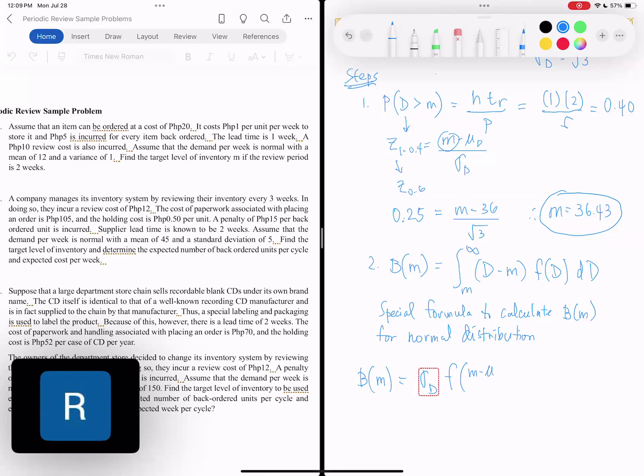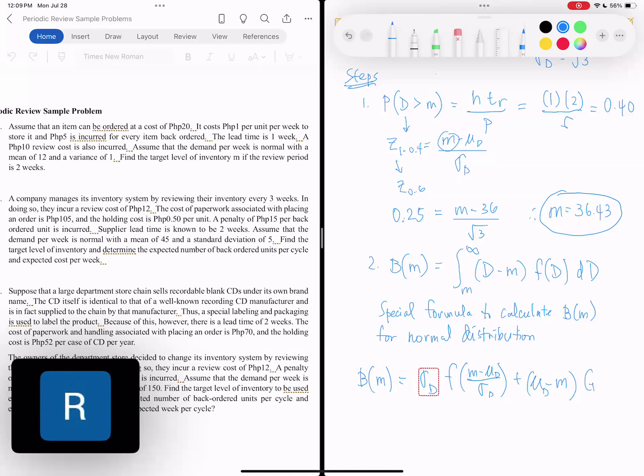This time, it will be M minus mu over sigma. So you have to go back. I think with the 1 week suspension, you should have already reviewed. You go back. It's sigma times this quantity, F of M minus mu over sigma, plus you have mu minus M. Again, this is mu D minus M.